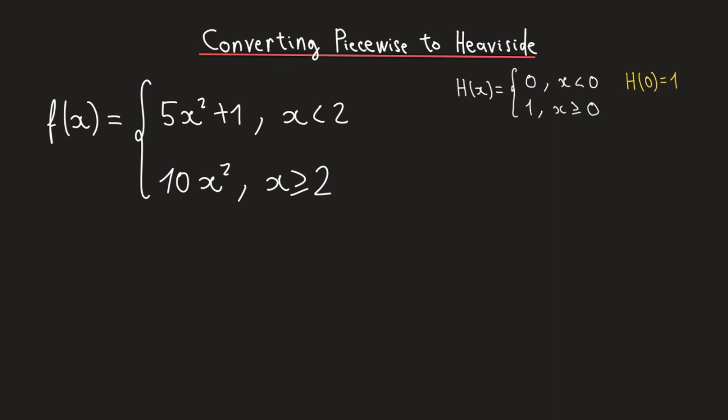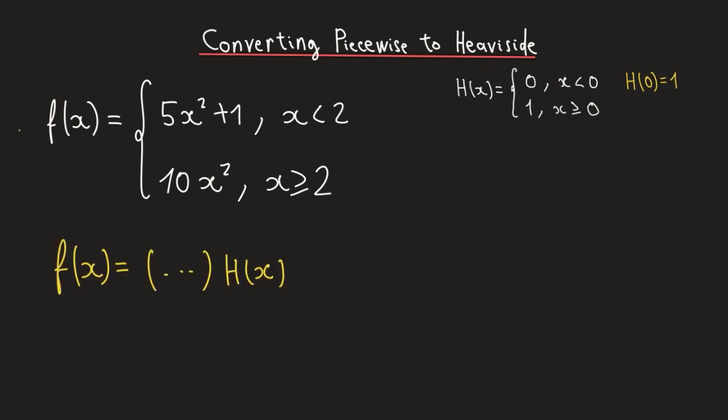We have 5x squared plus 1 for x less than 2, and 10x squared for x greater than 2. And so what we want to do is, for when x is less than 2, we switch off this part of our function. And when x is greater or equal to 2, we switch off this part of the function, and therefore 10x squared will be switched on. And the way we switch off, switch on, is through the Heaviside function.